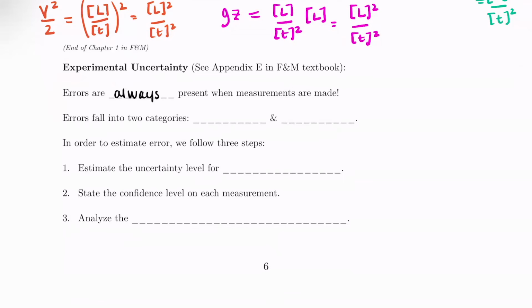All right, and so these errors are going to fall into two categories. There's fixed error and there's also random error. Okay, the difference between these two is the following. So for fixed errors, we are talking about an error that's the same for every single measurement.